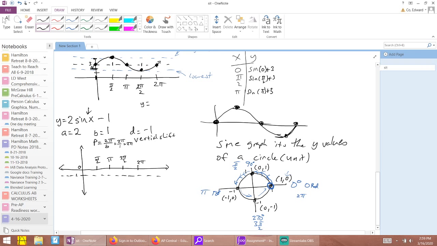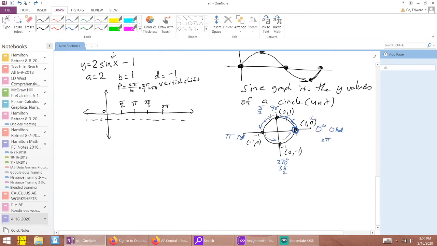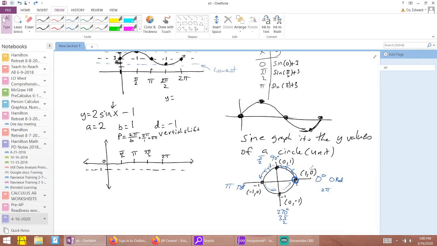Now, remember, the amplitude is how high and how low the graph goes. So from our D value, we're going to move 2 spaces up. That would be 2 spaces up here, and then 2 spaces down right here. So we're going to count 1, 2.